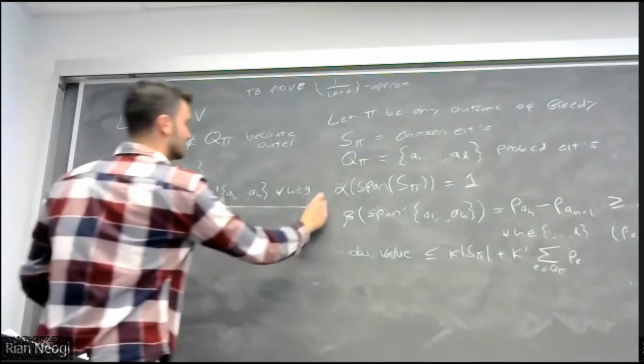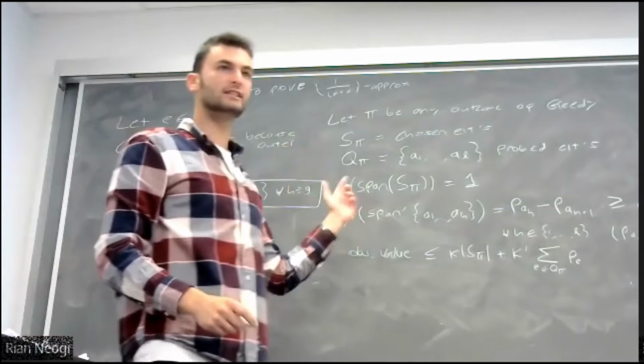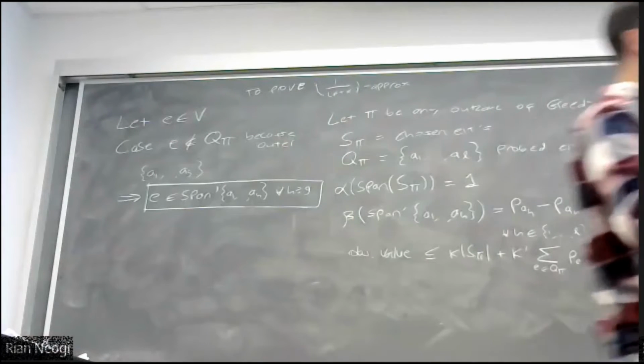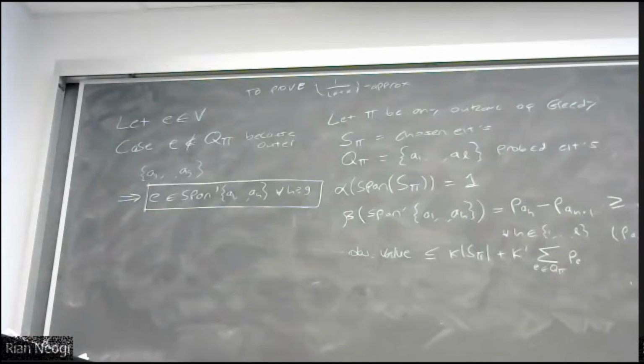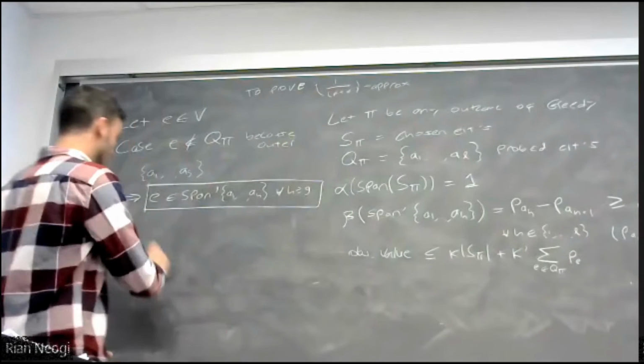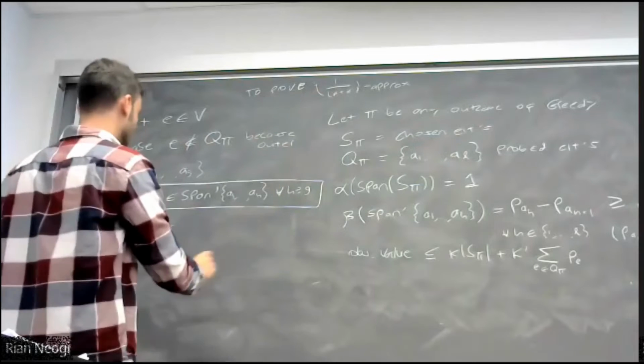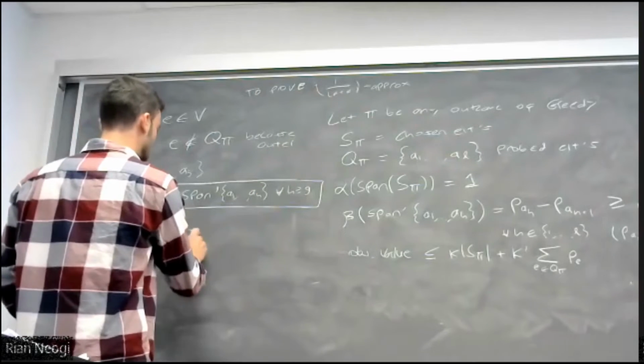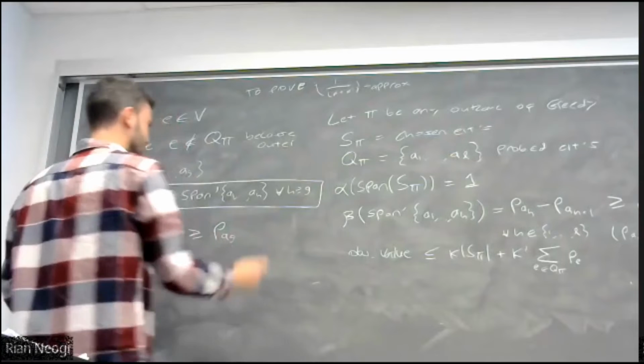But this is exactly what we had in the previous case. So if we do the same thing, we ignore this part, we look at this part, we sum up these values, we'll again get that the left-hand side of that constraint is at least PAG.